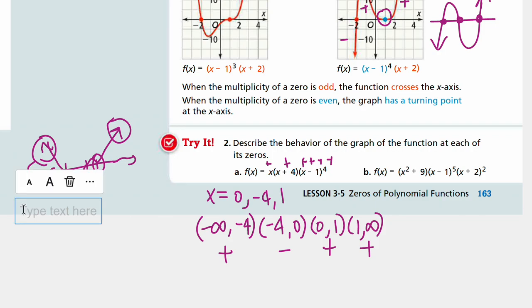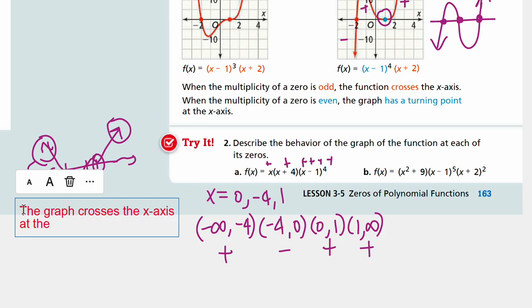So we can say that the graph, it's not hard. You can just say that the graph crosses the x-axis at the zeros -4 and 0.